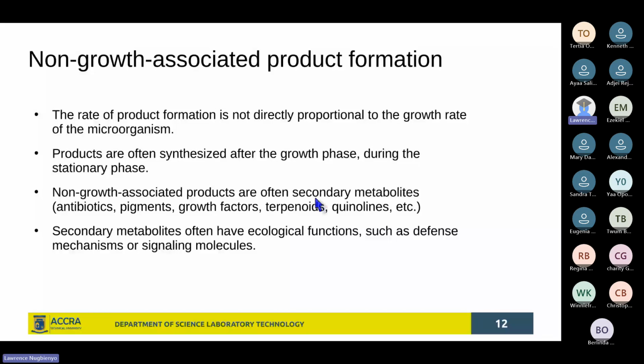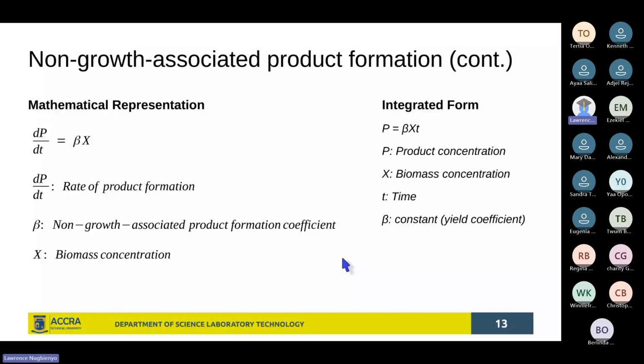And so, like I said from the beginning, these substances are used by these mature cells for defense mechanisms and for signaling, which is why you find them mostly in already mature cells. And the non-growth associated product formation can also be represented mathematically, just like we did with the growth associated.